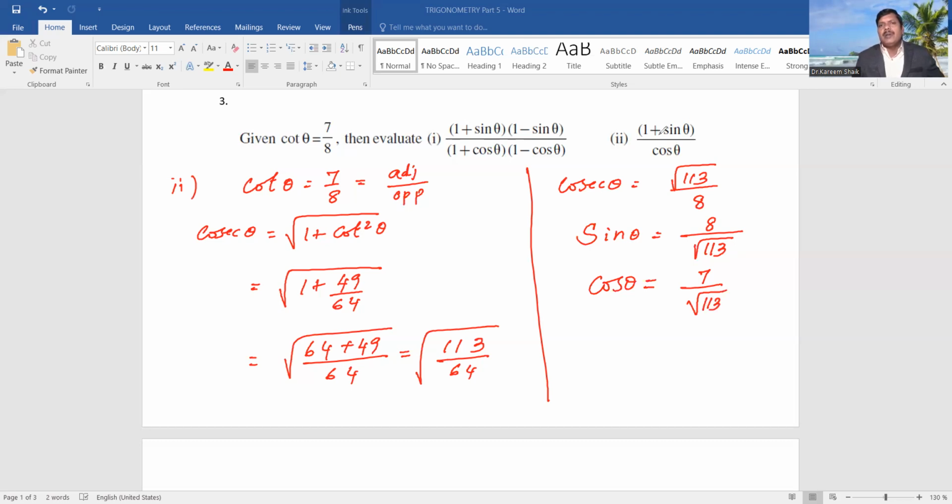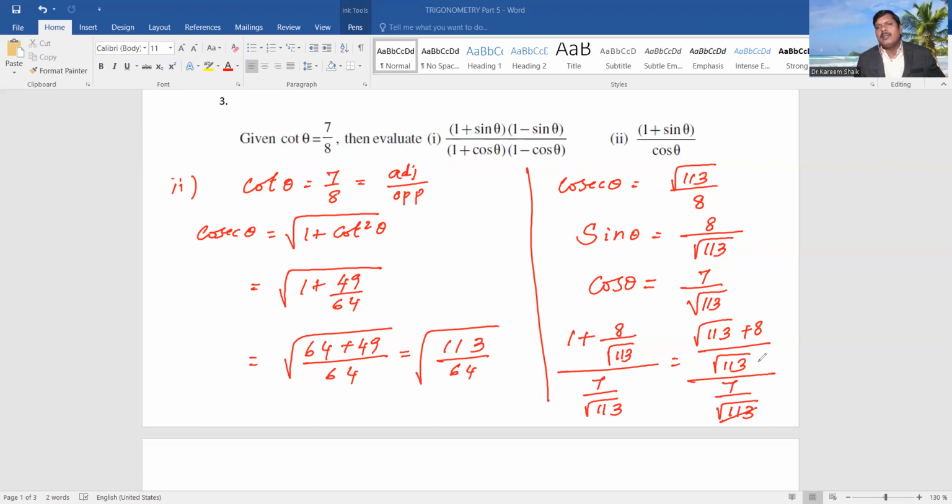Now replace these values here. 1 plus sin theta, where sin theta is 8 upon square root of 113, divided by cos theta. That implies (square root of 113 plus 8) upon square root of 113, divided by 7 upon square root of 113.